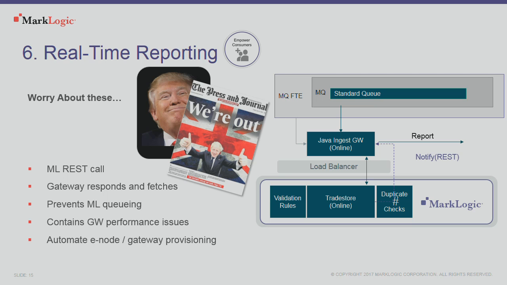The nice thing about this approach, it's very, very simple, is that it puts the load back onto the gateway. Okay? You're not queuing up vast amounts of information within MarkLogic or any excessive processing or memory loads.